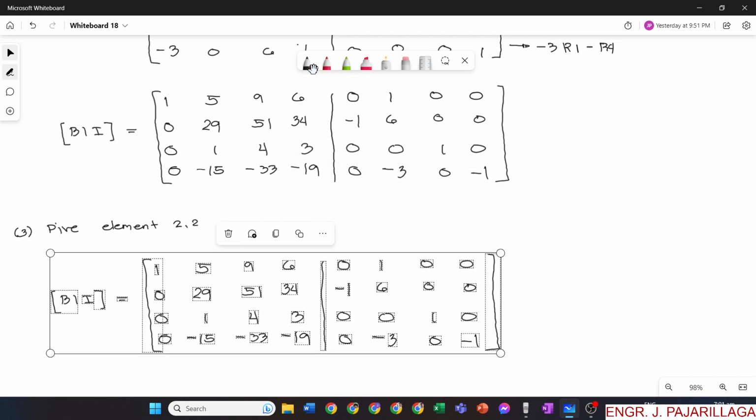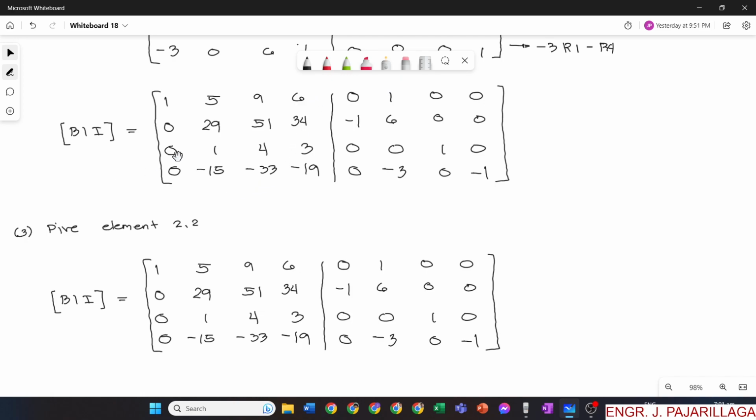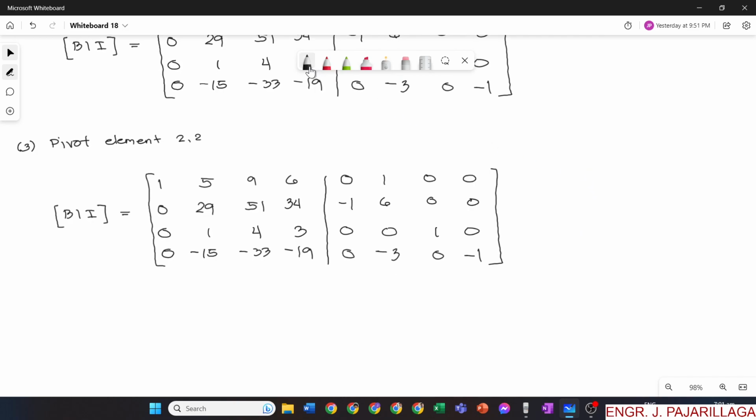So, this is our matrix and then to pivot element 2, we can apply an operation for this. So, this is our element 2, therefore, the rest is no operation. We cannot apply operations for the rest of the rows. Okay? So, no operation.